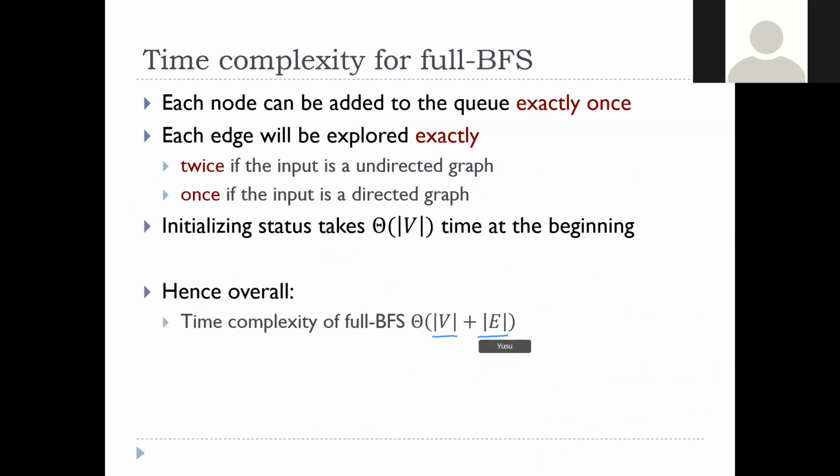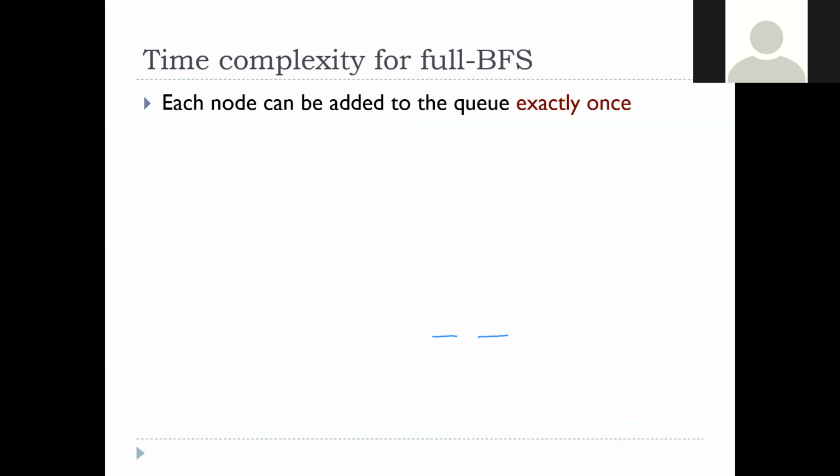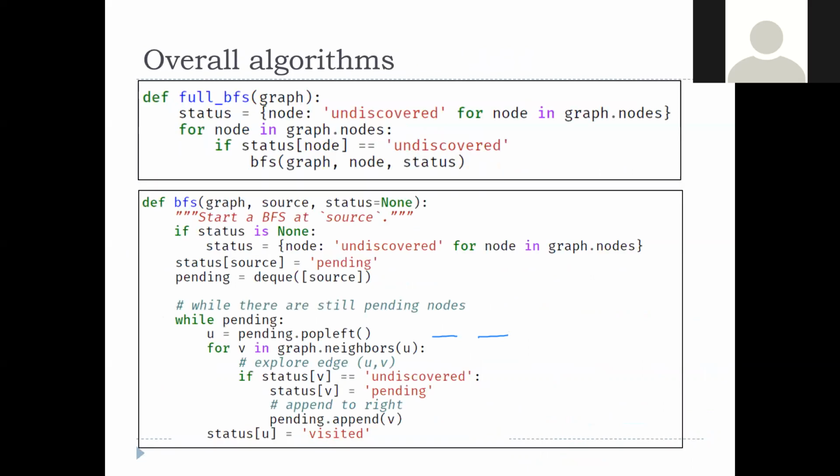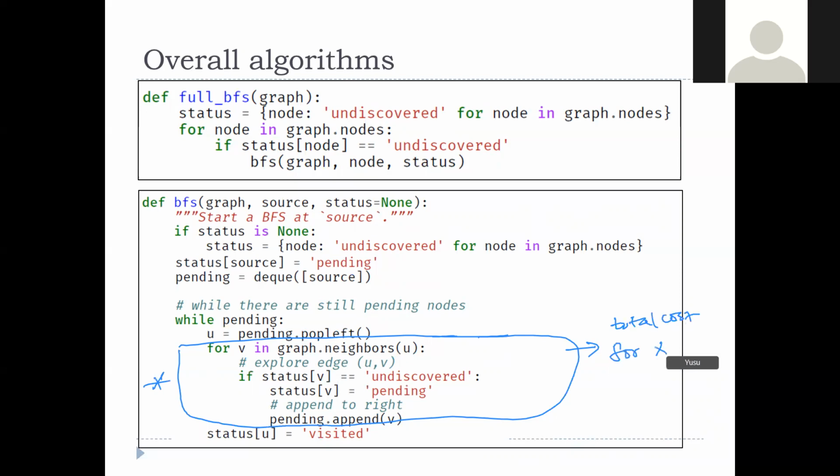Because by our previous argument, the total cost for the star part is proportional to the number of edges, because each time we come here, that means we're visiting through an edge UV. So this gives us order of E as the total cost.